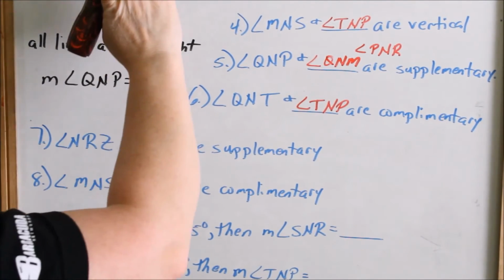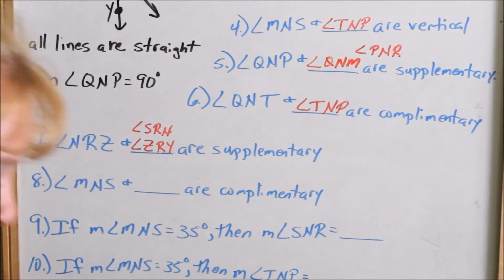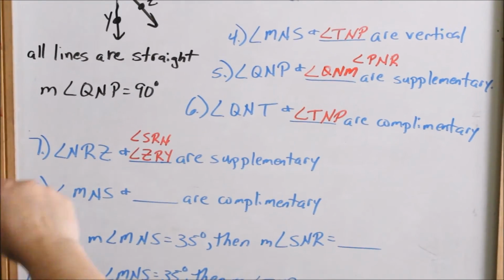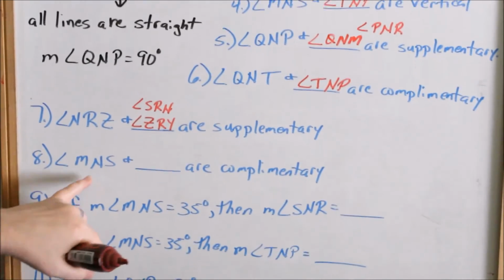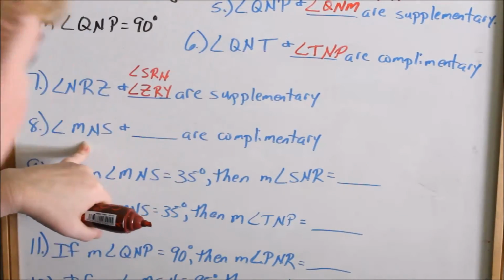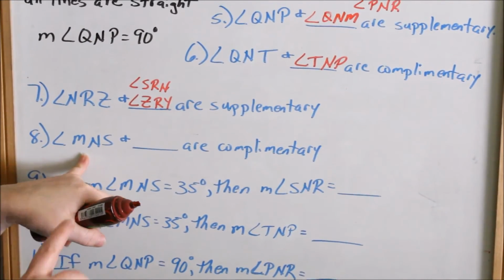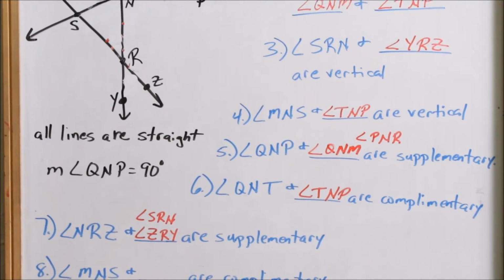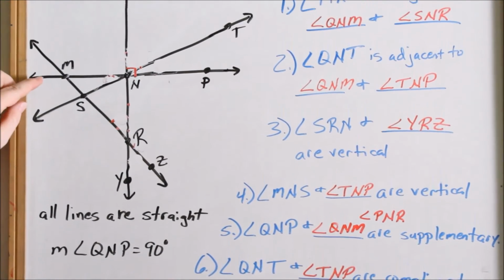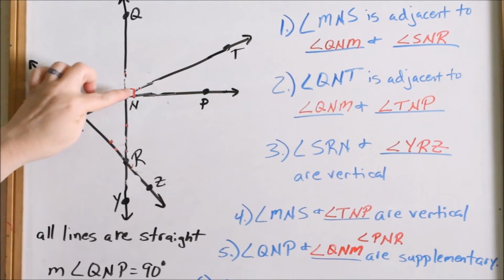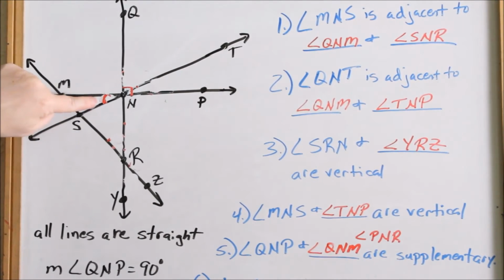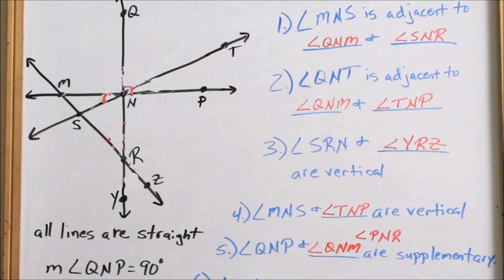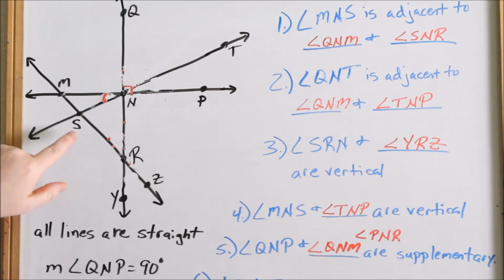Okay, let's look at number 8. We're looking at angle MNS, and we want to know what's complementary to it. Complementary means 2 angles that form 90 degrees. So angle MNS, we are looking at this angle right here that's marked with the red arc. We want to know which angle we can add to it to form 90 degrees.